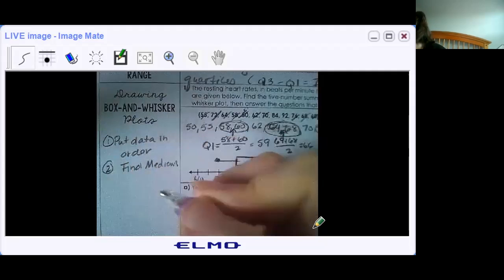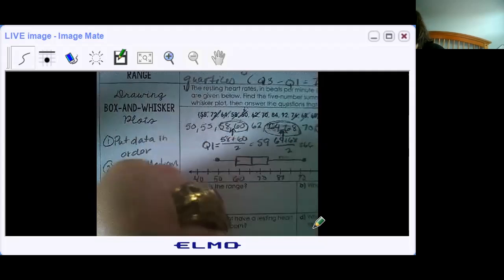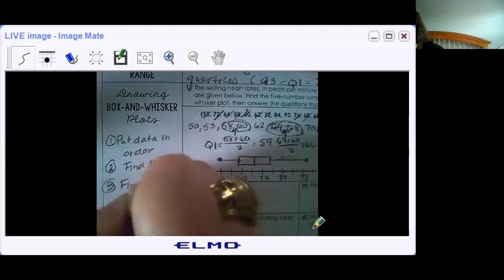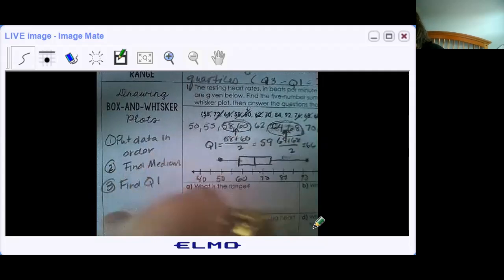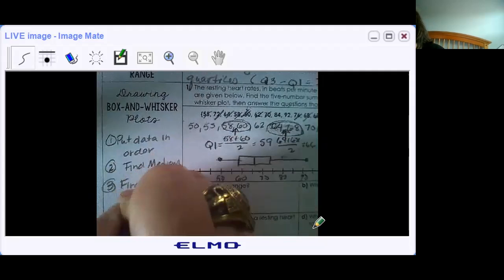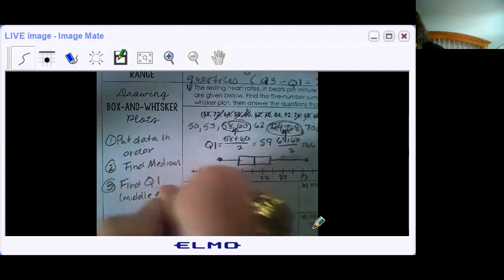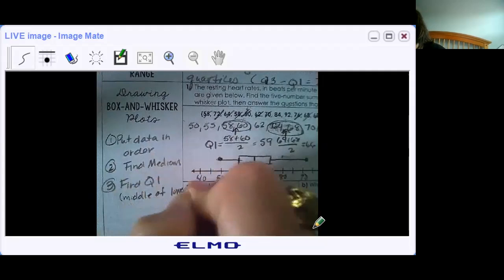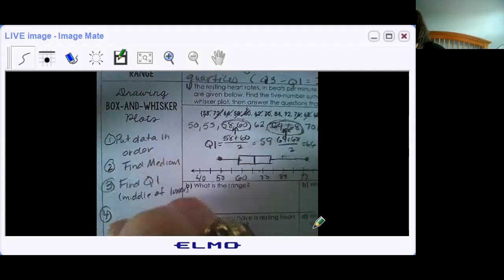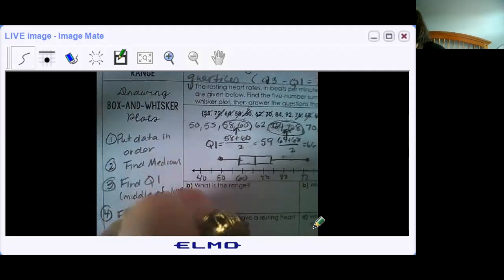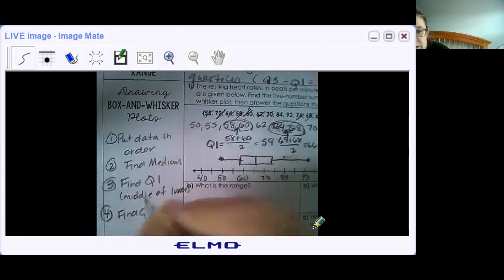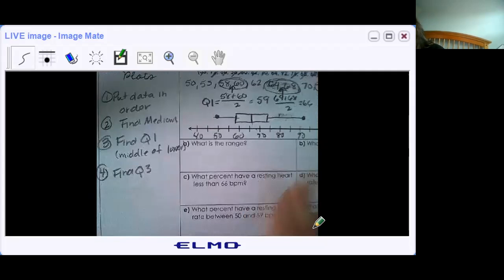Then we're going to find Q1, that's the middle of the bottom half. Then we're going to find Q3, which is the middle of the top half.